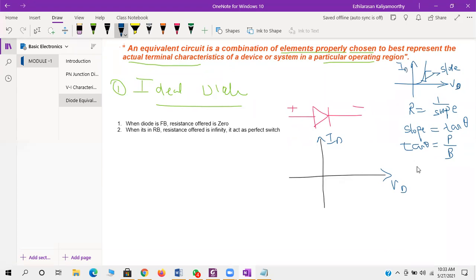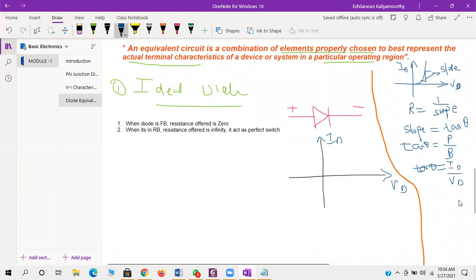So tan theta is equal to ID divided by VD. So now you apply slope is equal to tan theta.